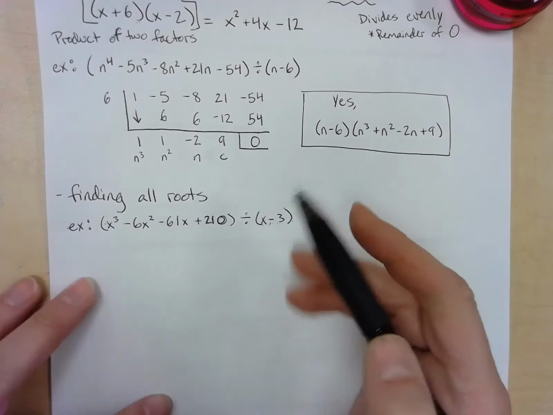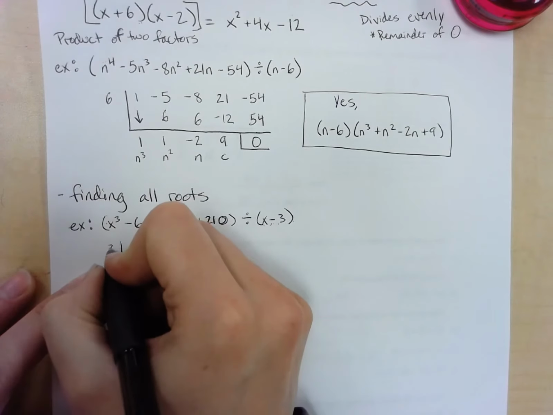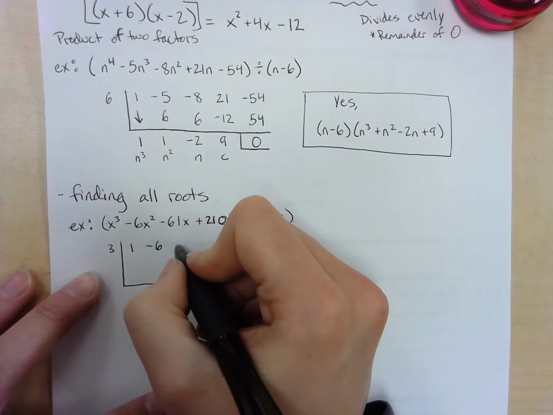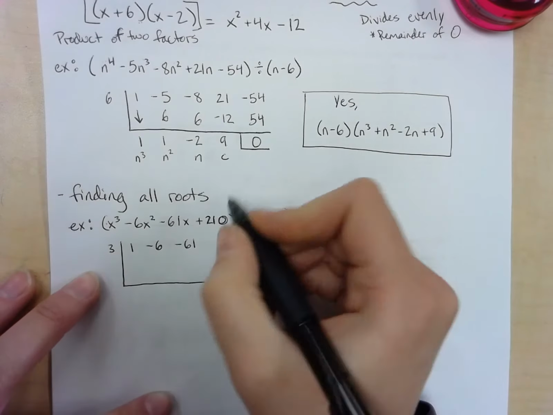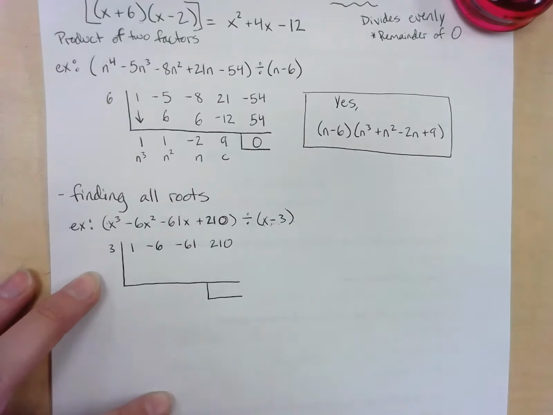And we're going to use synthetic division to do so. 3, 1x cubed minus 6x squared minus 61x plus 210. There's our remainder.